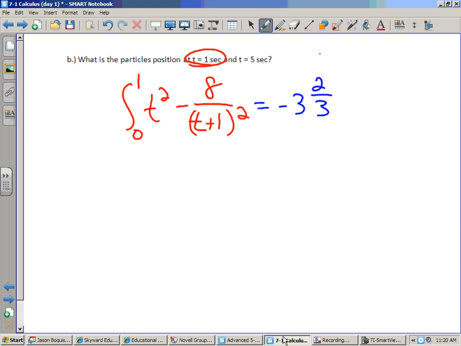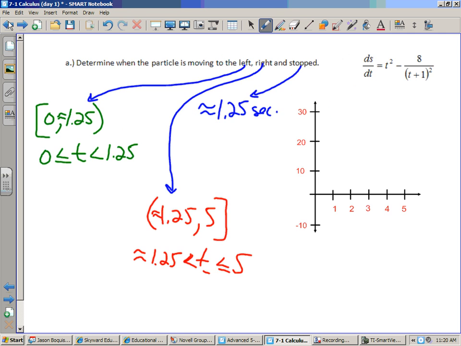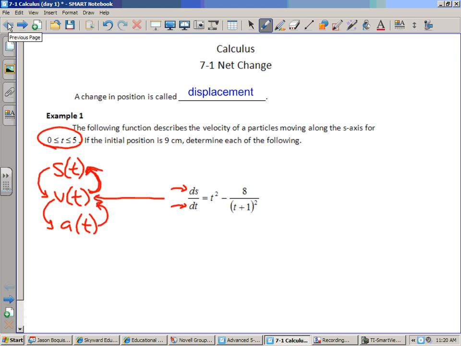That is displacement. That is how much it has moved. If that's how much it has moved, is that its position? That is how much it moved from 0 second to 1 second. Where was it originally? Nine centimeters.